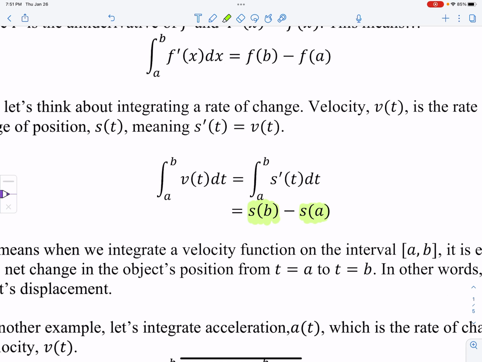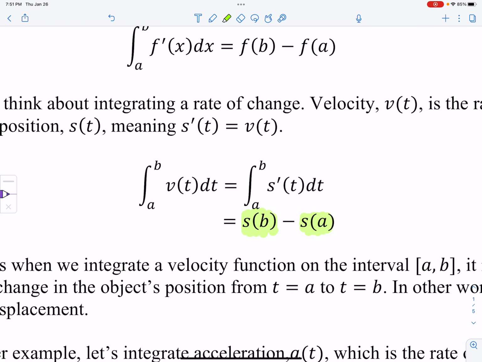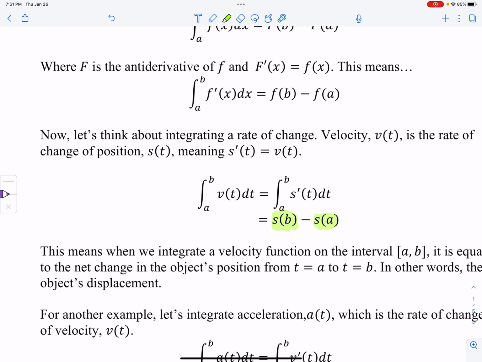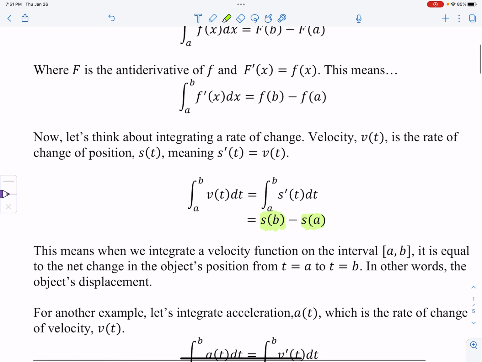What is that going to represent? That's going to represent the distance from the starting position to the ending position, or in other words, the object's displacement. That difference we also refer to as the net change. I know you've heard me say this before. It's the net change in the object's position on the interval from a to b.